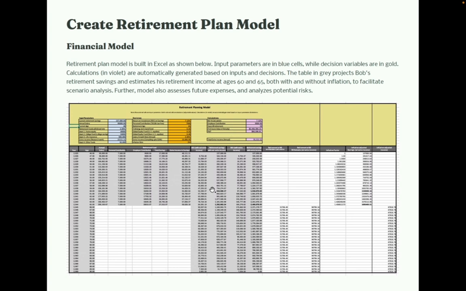These are automatically generated based on our inputs into the input parameters and decisions. This model, especially the cells in gray, projects Bob's retirement savings and estimates his retirement income at ages 60 and 65, both with and without inflation. It also assesses future expenses and analyzes potential risks such as inflation and healthcare costs.